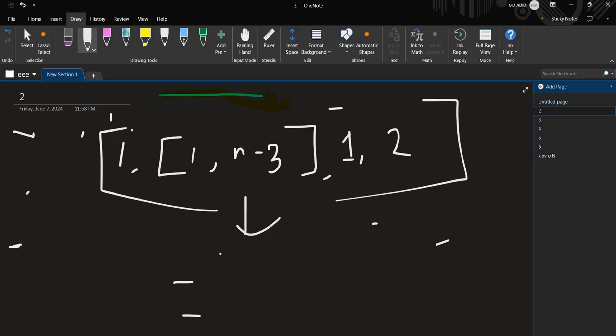Now, first of all, you see that 1 in here, and this 1 in here. I have another 1 here. Now, as I have 1 at the first position, and another 1 at the very last position, I've got 2 ones, 1 at the very first and 1 at the very last.